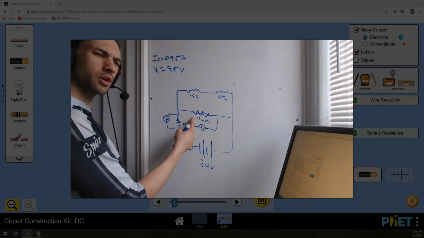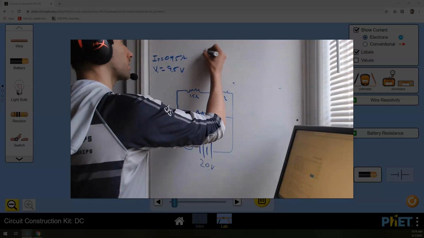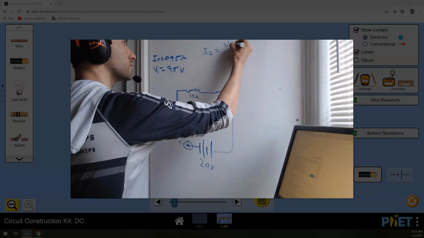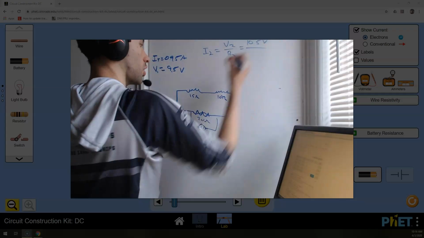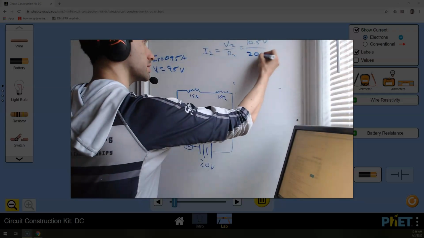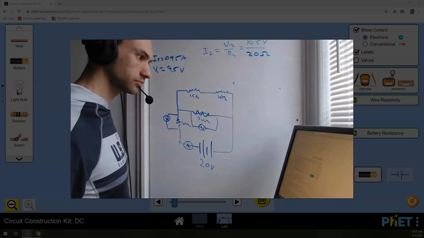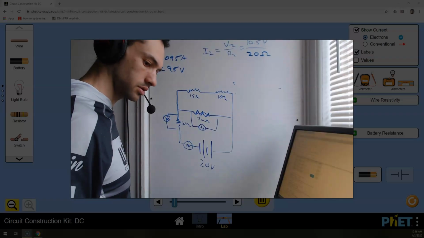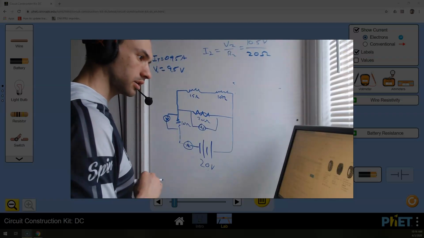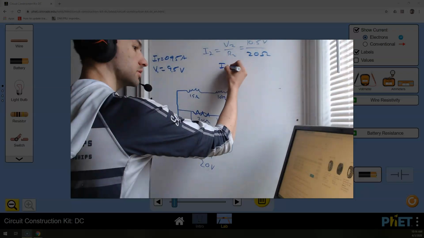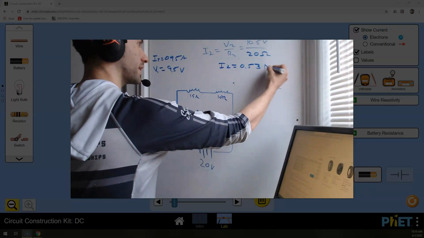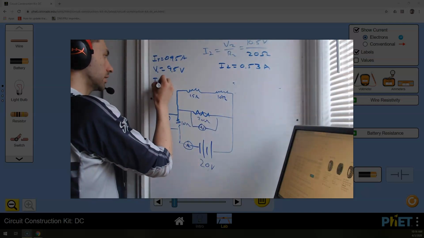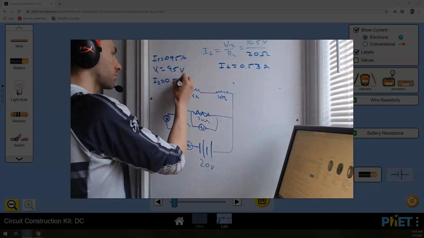That means I can find the current here. Cool. The current through 2 is V2 over R2, which is 10.5 volts over 20 ohms. The current through that, I2, is 0.53 amps. So I2 equals 0.53 amps.